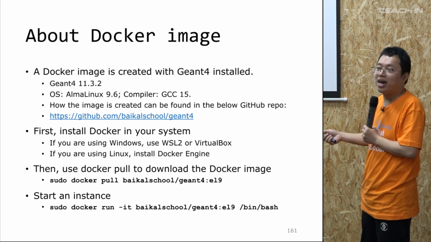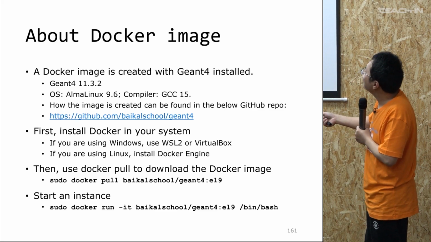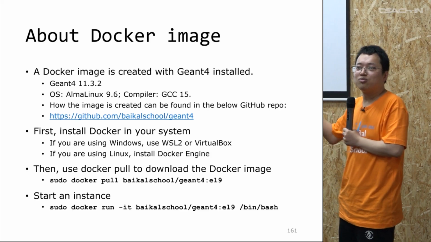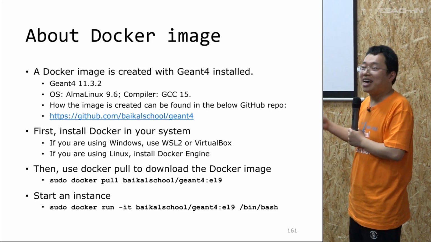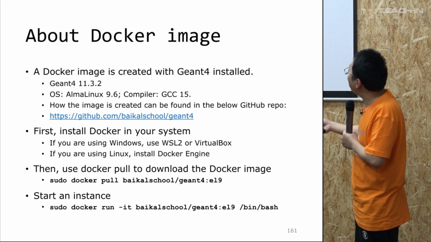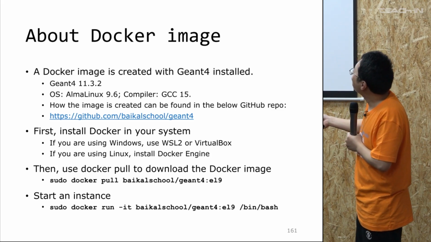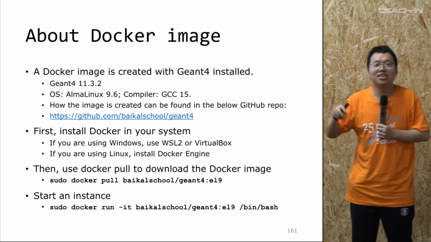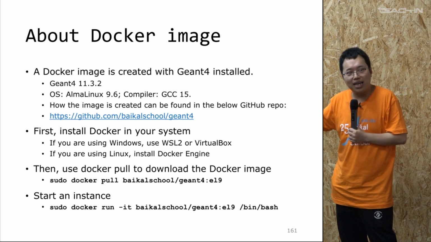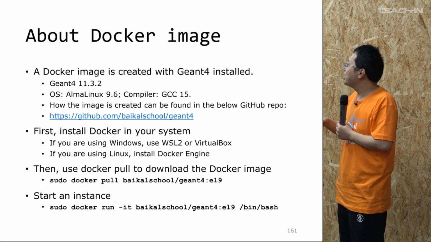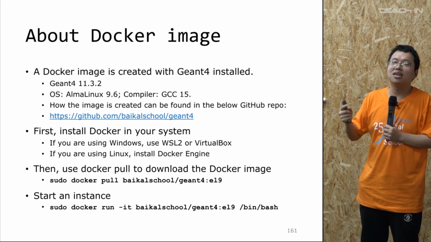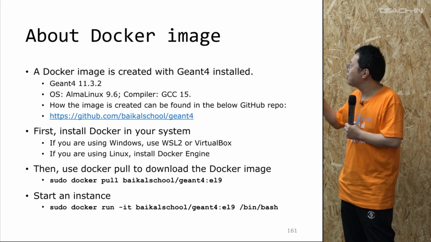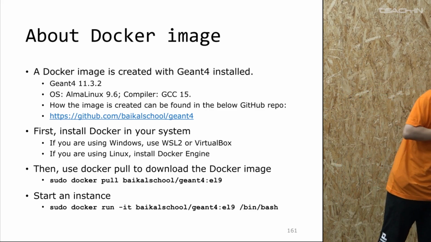We have prepared a so-called Docker image. The Docker image is like a virtual machine, but quite lightweight. Please have a look at this website, which will give you instructions. If the network is not very good, there is an existing tar file already provided, so you can download it and then import it.